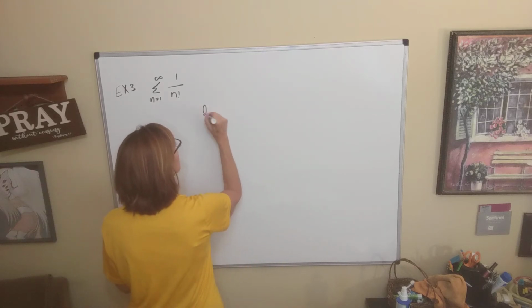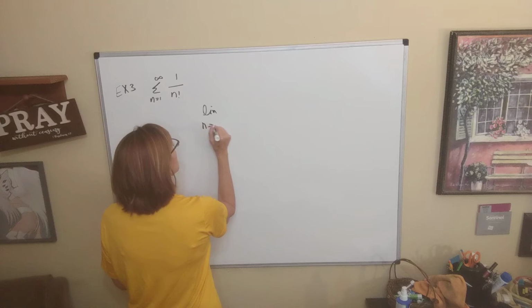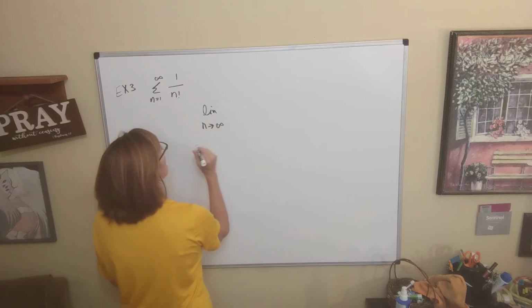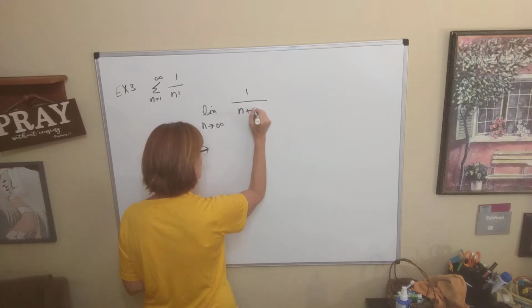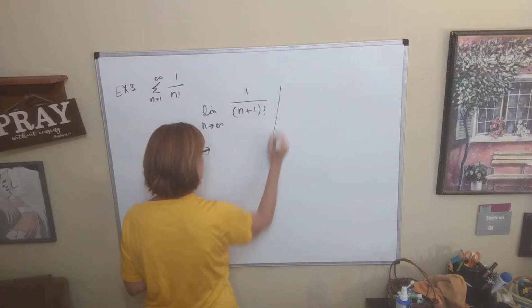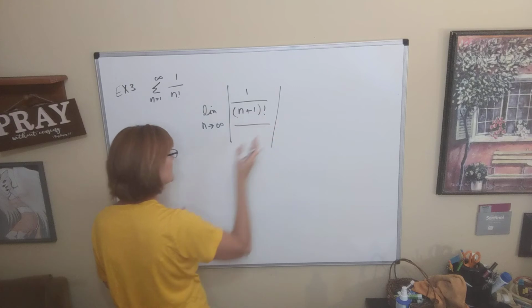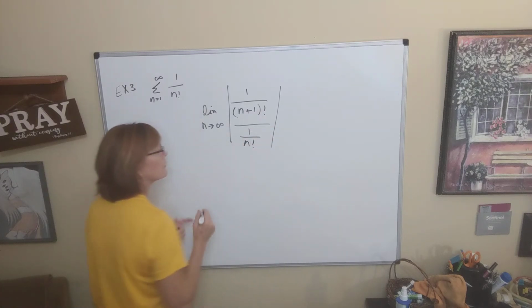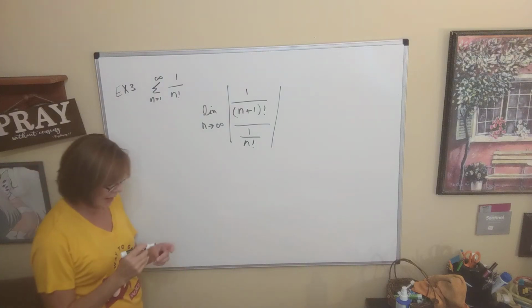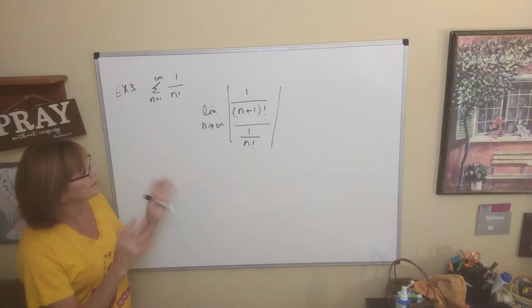So let's take the limit as n goes to infinity of 1 over (n plus 1) factorial, the a sub n plus 1 term, over 1 over n factorial, a sub n. The absolute value means it's going to turn everything positive.